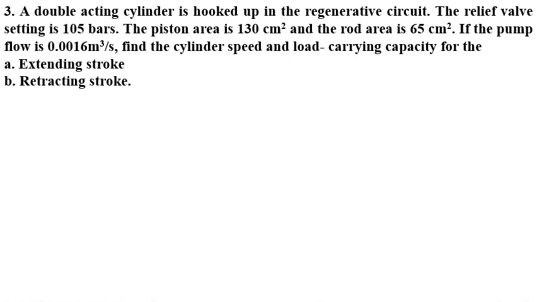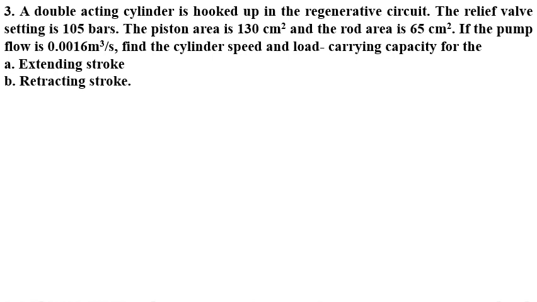First note down the data given in the numerical. P is given 105 bars or 105 into 10 to the power of 5 Newton per meter square, and piston area AP is 130 centimeter square and rod area AR is 65 centimeter square, and pump flow rate QP is 0.0016 meter cube per second, and the unknowns are cylinder speed and load carrying capacity for both extending and retraction strokes.